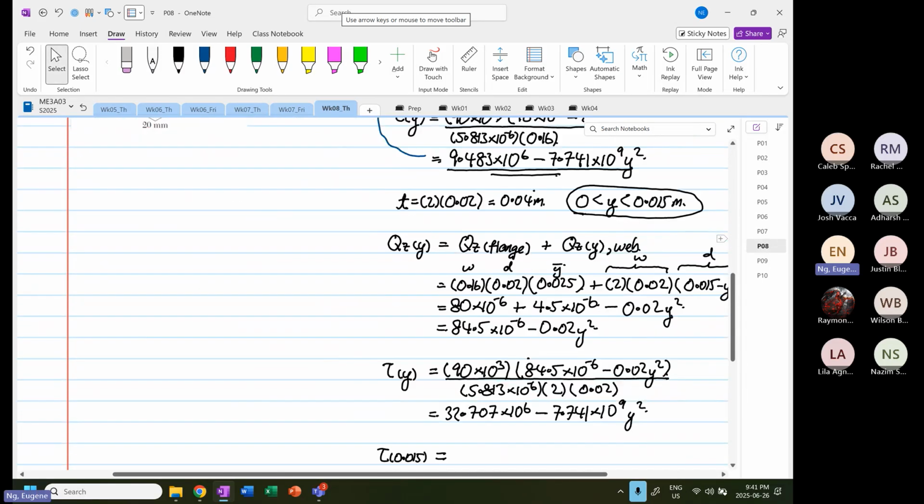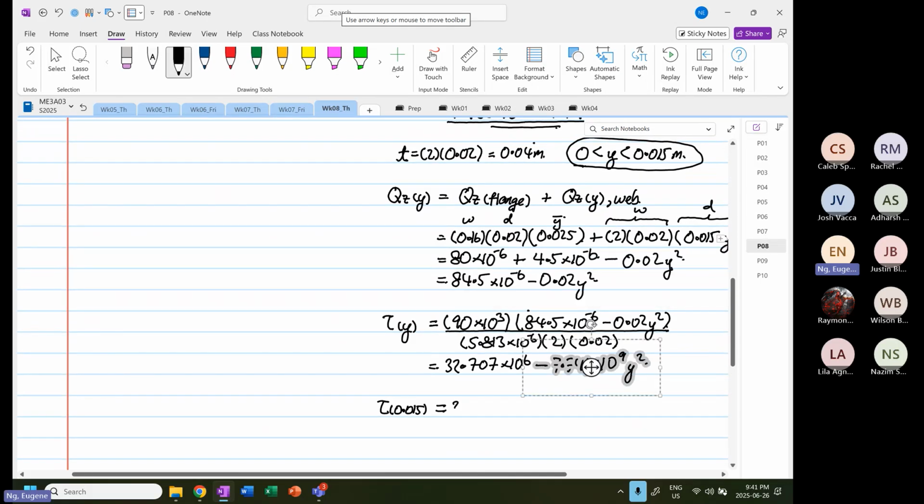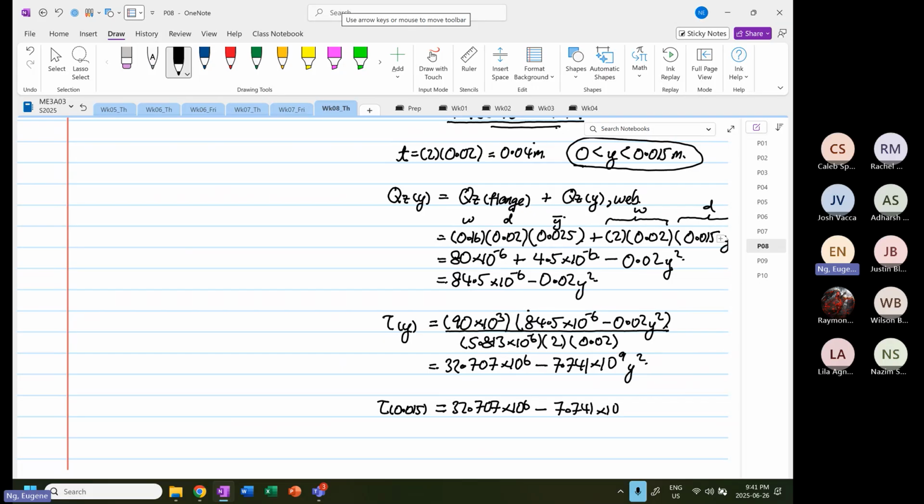We get 32.707 times 10 to the power 6 minus 7.741 times 10 to the power 9 multiplied by y squared, where y is 0.015. So this will be equal to 32.707 times 10 to the power 6 minus 7.741 times 10 to the power 9 times 0.015 squared. We get 30.965 times 10 to the power 6 Pascal.